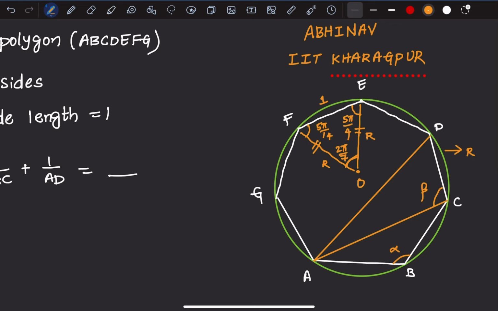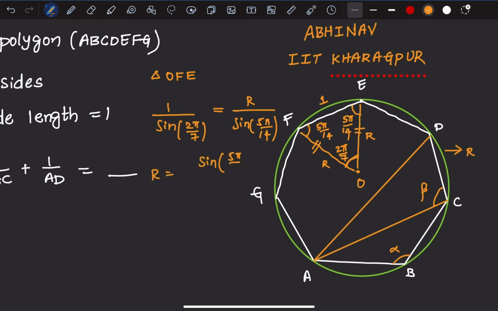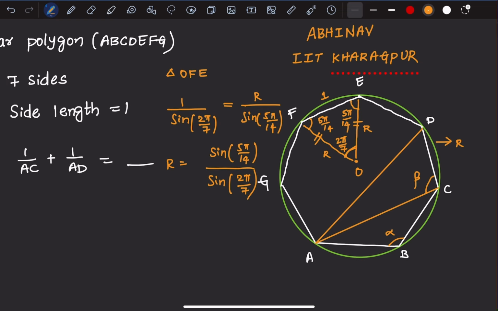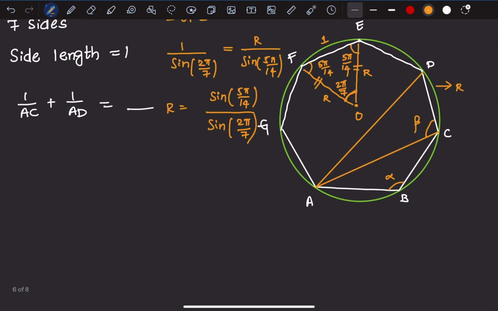If you apply the sine law in the triangle OFE, it will give you FE, which is 1, divided by sine 2 pi by 7, is equal to FO, which is R, divided by sine of 5 pi by 14. So now you know R. R is equal to sine 5 pi by 14 divided by sine 2 pi by 7.